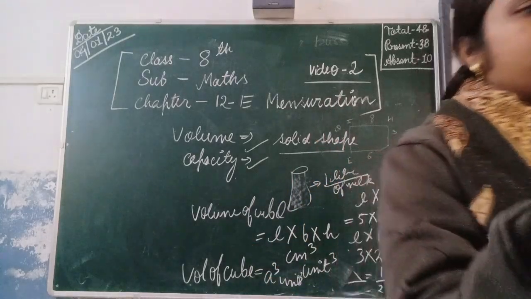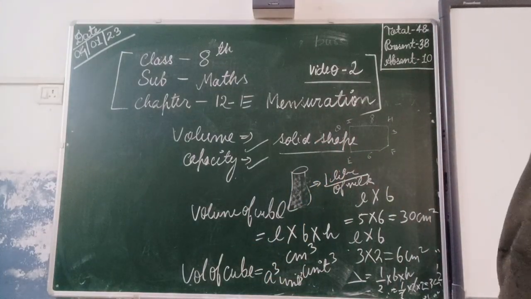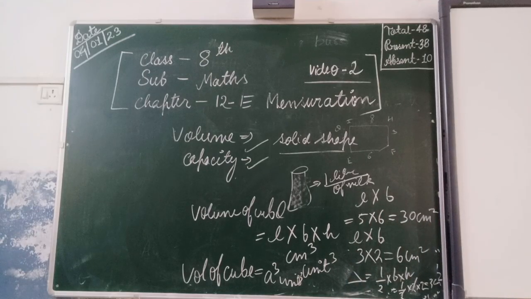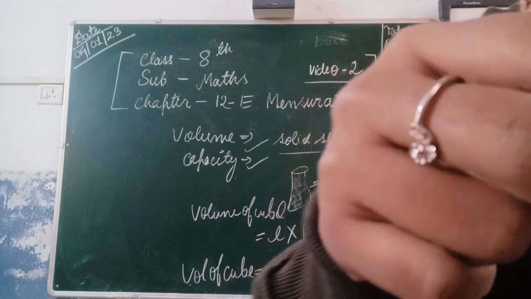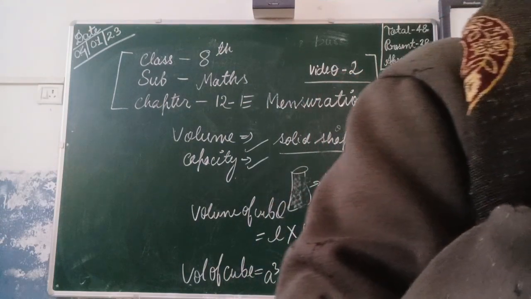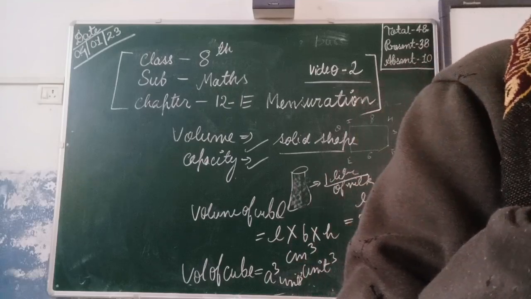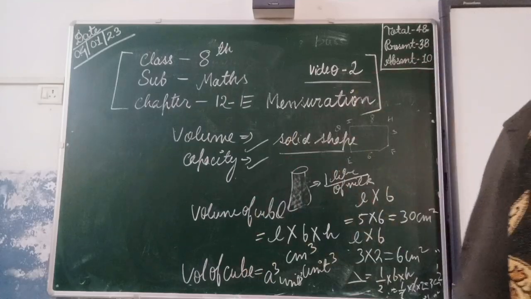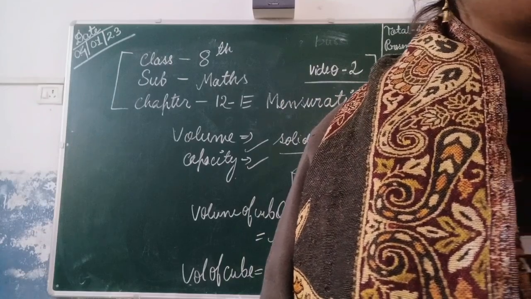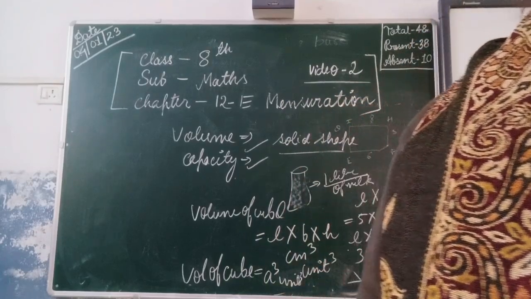Let us take one question regarding this. Question number 4 of exercise 12E. A cuboidal water tank is 7 meter long, 5 meter wide and 4 meter deep.